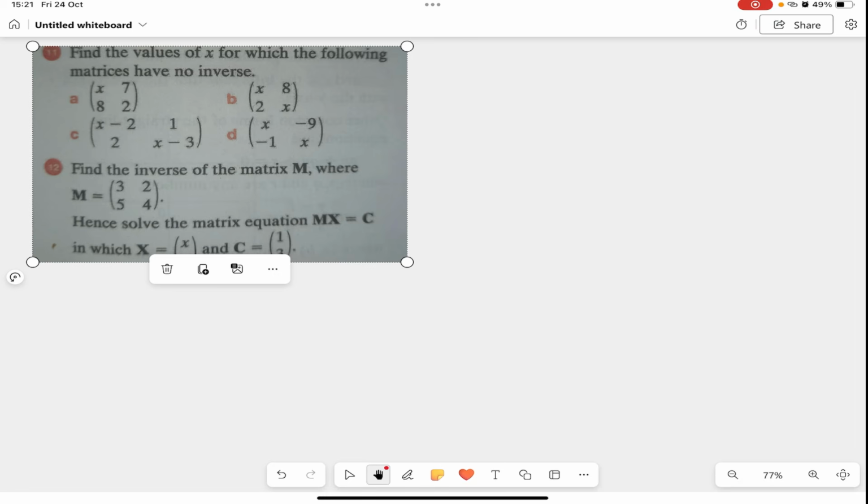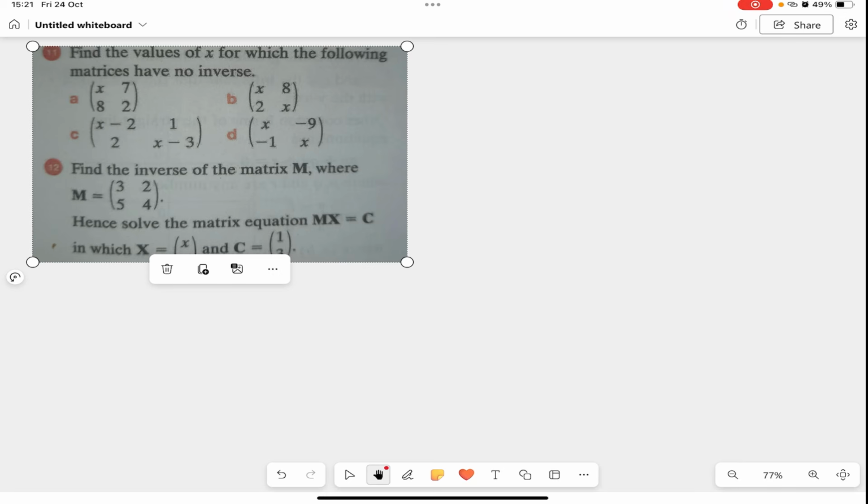Good. So find the value of x for which the following matrix has no inverse. That simply means the determinant is 0. So how do you find the determinant of a 2 by 2 matrix? You multiply the diagonals and you subtract.